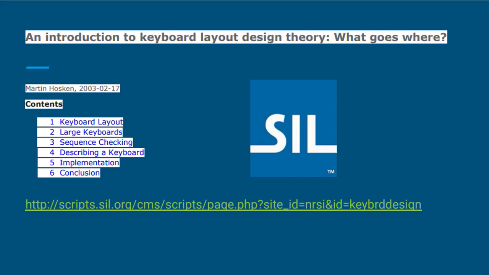I think this document is not up to date because it doesn't really talk about soft keyboards or touch keyboards very much, but the ideas here about thinking about the language, thinking about the characters that are needed, and working with the community to figure out where the characters should be on what layers is a really important step in any design.